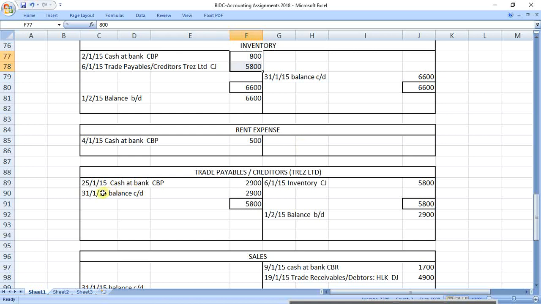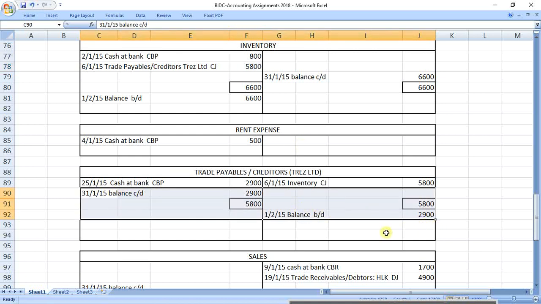Trade payables you do. 2,900, which is the difference.